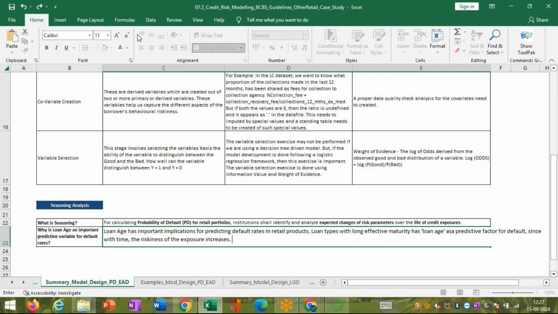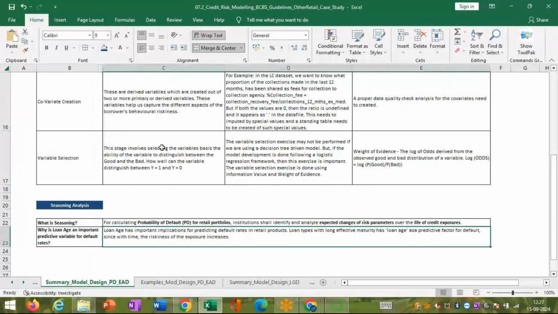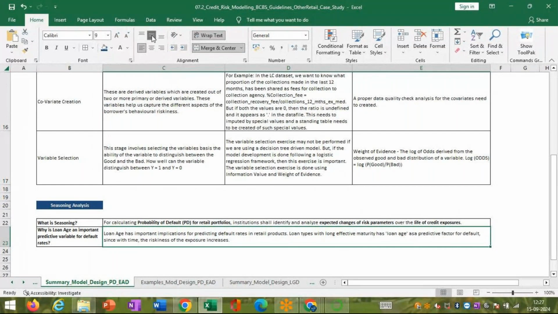So just let me put it like this. Loan age has important implications for predicting default rates.